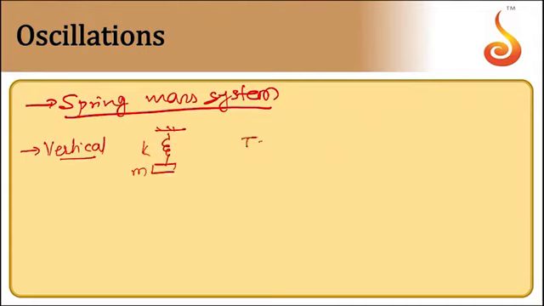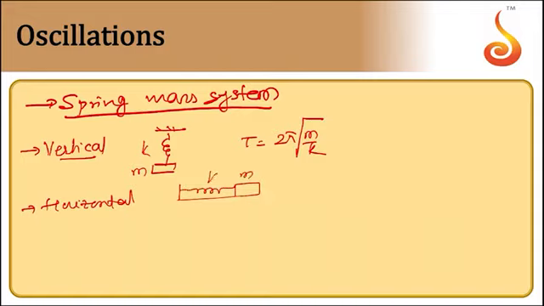The time period is given by 2 pi root m divided by K. A horizontal spring mass system, M, K, etc. And the time period is given by 2 pi root m by K again. So, same result, whether it is horizontal or vertical, it does not matter.